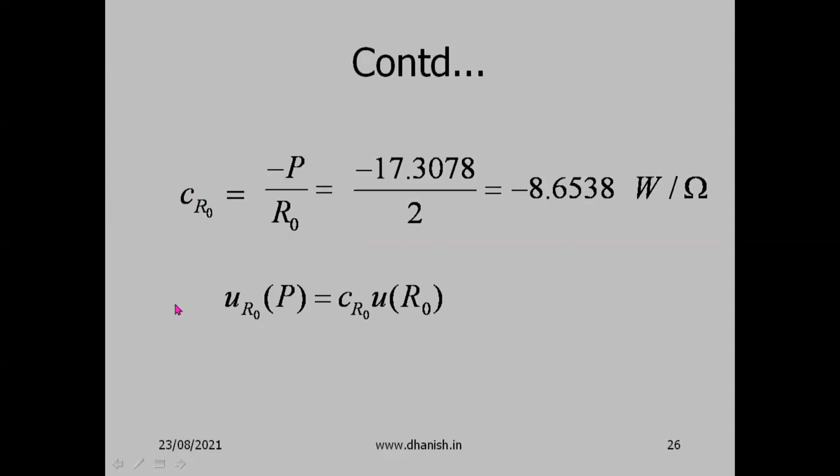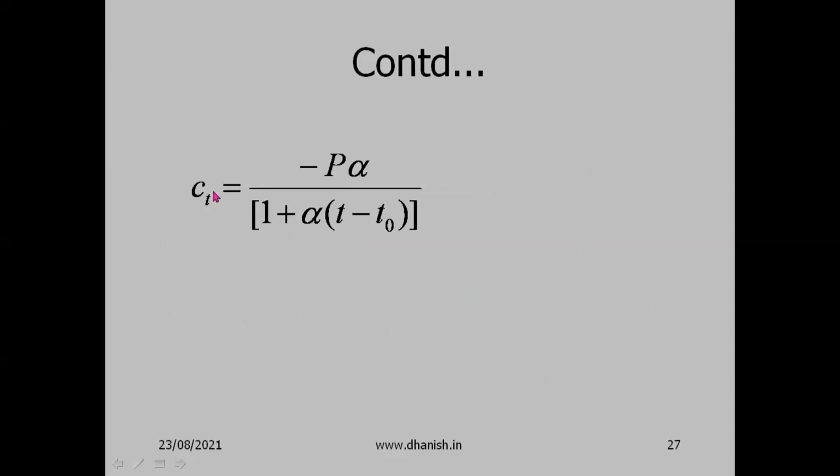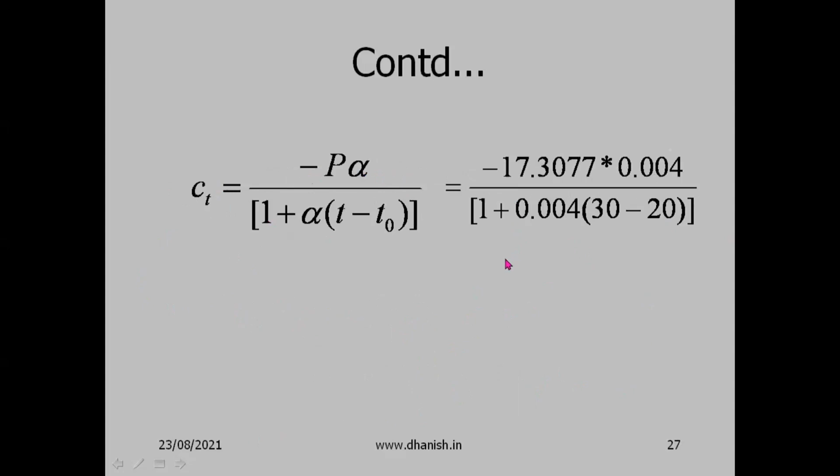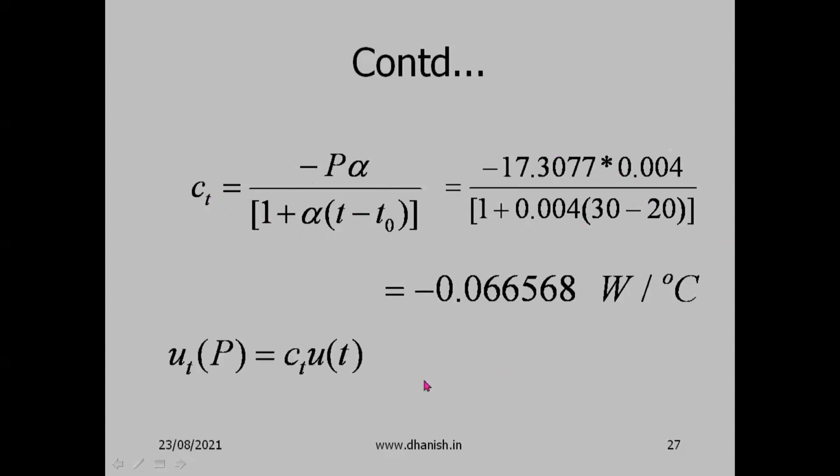So the standard uncertainty of power due to R naught is the sensitivity of R naught into the standard uncertainty of R naught, which is minus 0.86538 watt. Then the next variable is T, with sensitivity P alpha divided by 1 plus alpha into T minus T naught. So substitute the values and determine the coefficient of sensitivity.